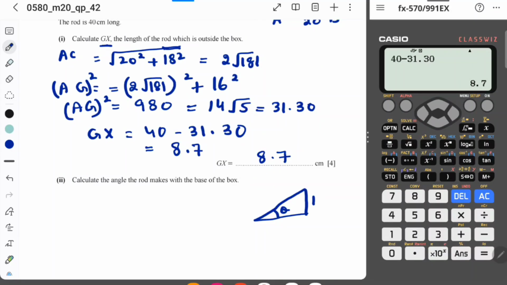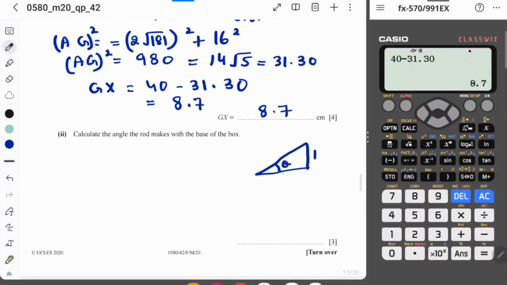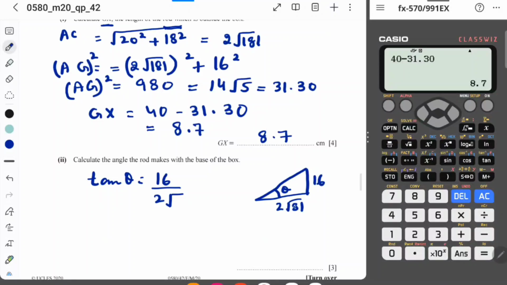We label 31.30, and the other sides are 2 square root 181 and 16. If we use tan, then we use opposite over adjacent. So tan theta is equal to 16 upon 2 square root 181.